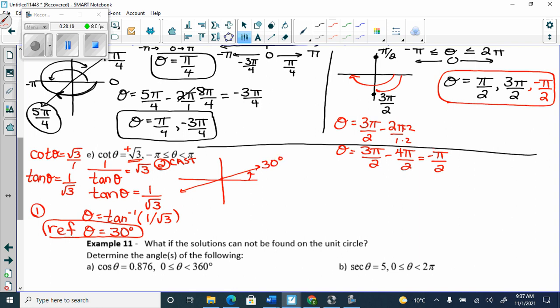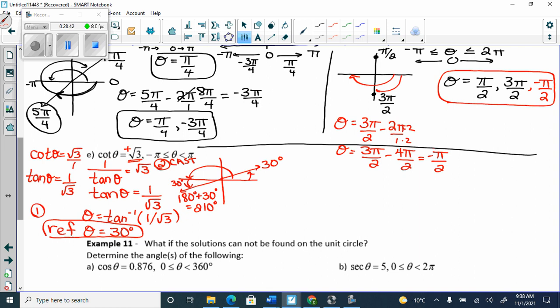How do I find this one? How do I get to 30? Oh, I'm going to go 180 plus 30. So this one's at 210. Do we agree?